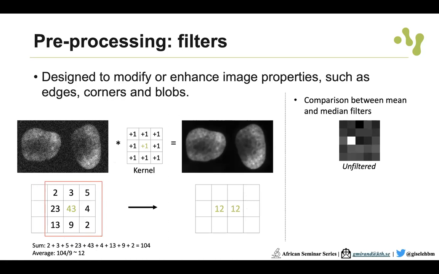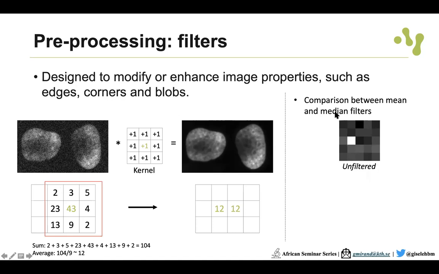Similarly, we have the median filter that, instead of the average, takes the median value of the neighborhood. First we have to sort it and then take the median element, like in statistics when we compute the median for a set of values.